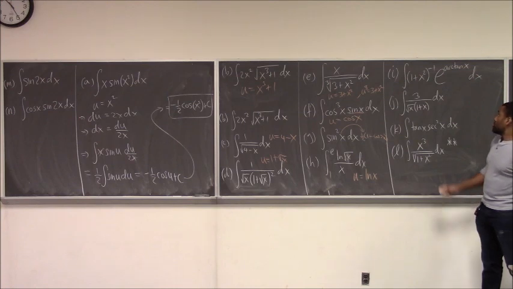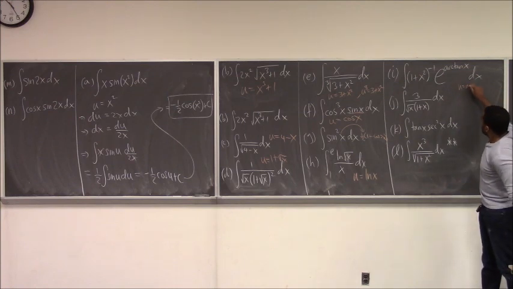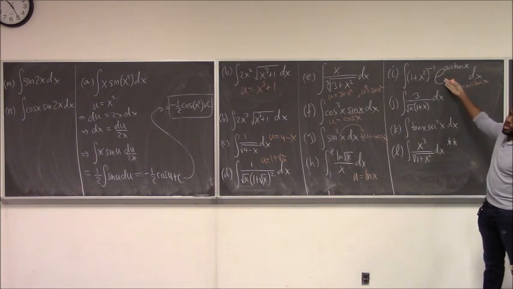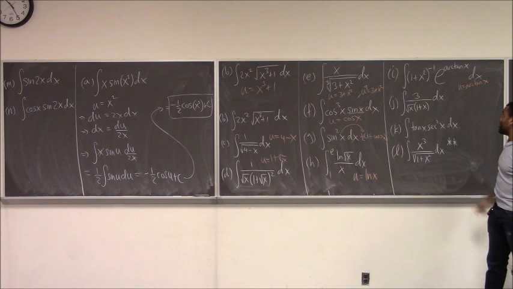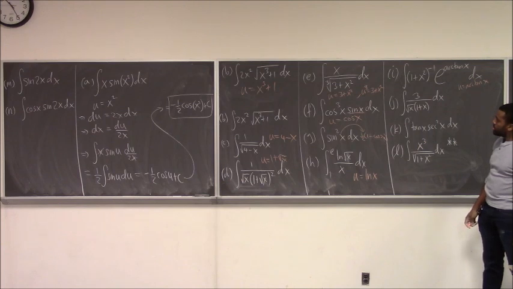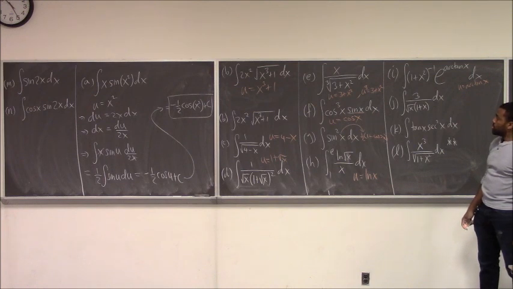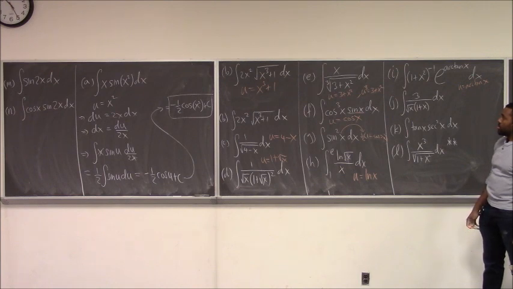u equals arctan. Right? What's more complicated than an exponential raised to that power? If that was just e to the x, that would be a lot nicer. What about this one? That one's a nice one.